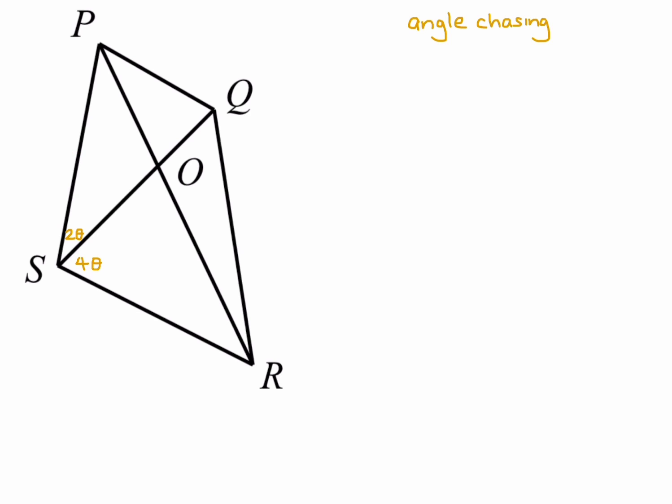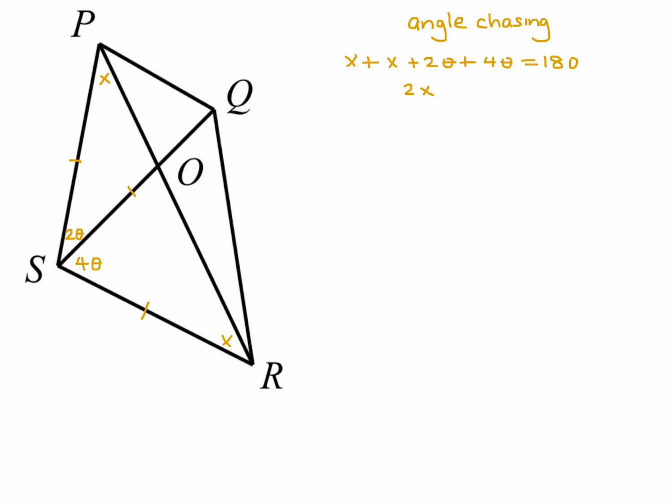We are told that this is equal to that is equal to that. So they've got some isosceles triangles, right? So let's start with this one here. If this is isosceles, this is going to be equal to that. I'll just call them x for now. So from the first triangle, I know that x plus 2 theta plus 4 theta is equal to 180.